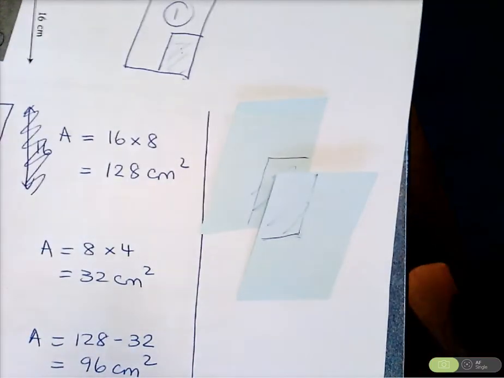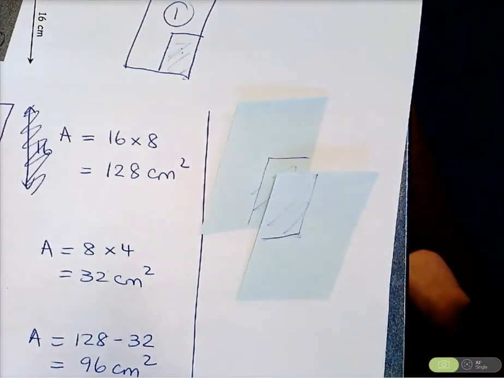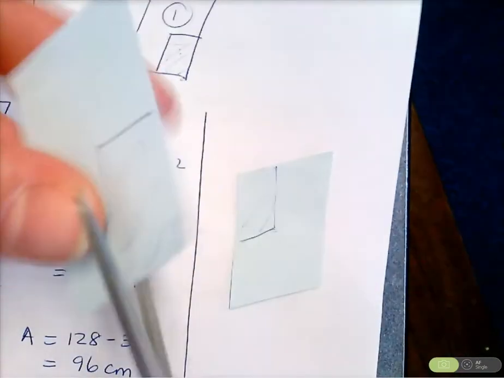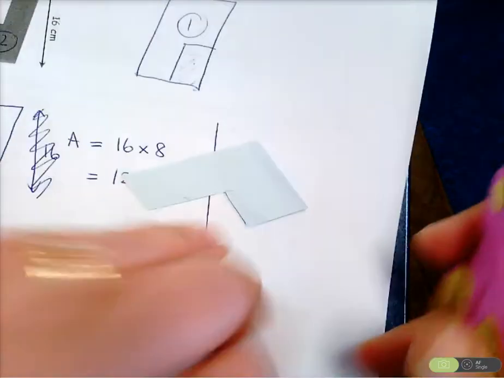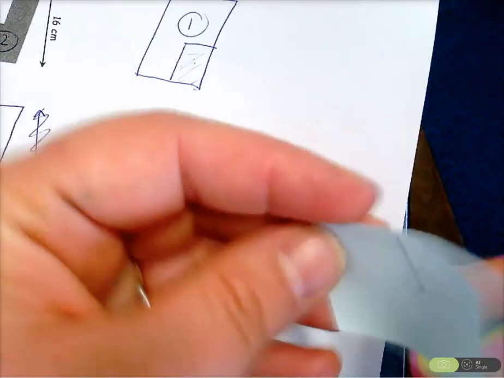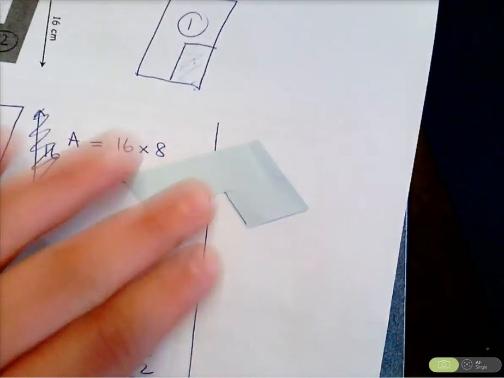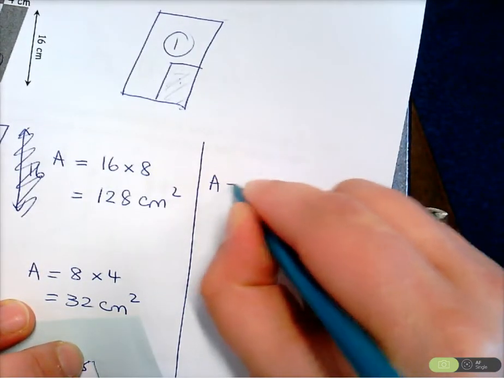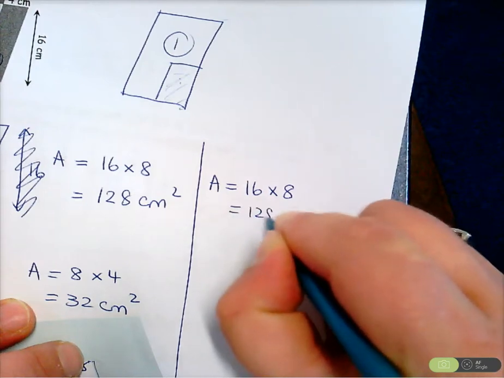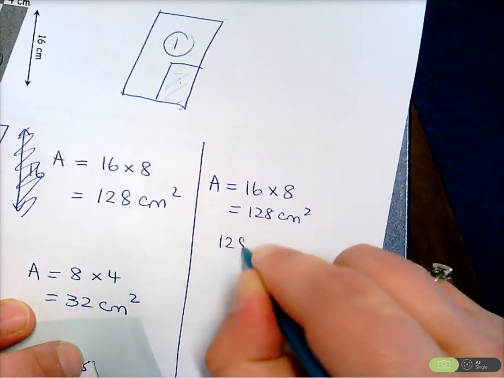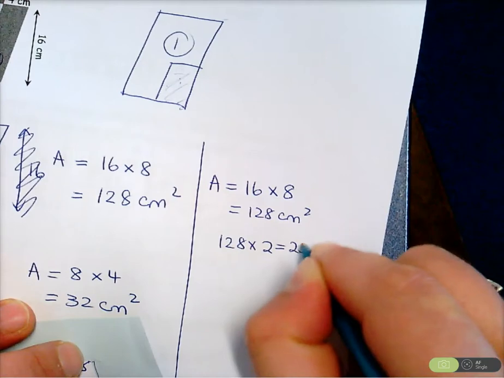So the way to do it in a second method is to go like this. Most people went like this. They said the area of the large parallelogram is 16 times 8, which is 128. And then they did 128 times 2 is 256.